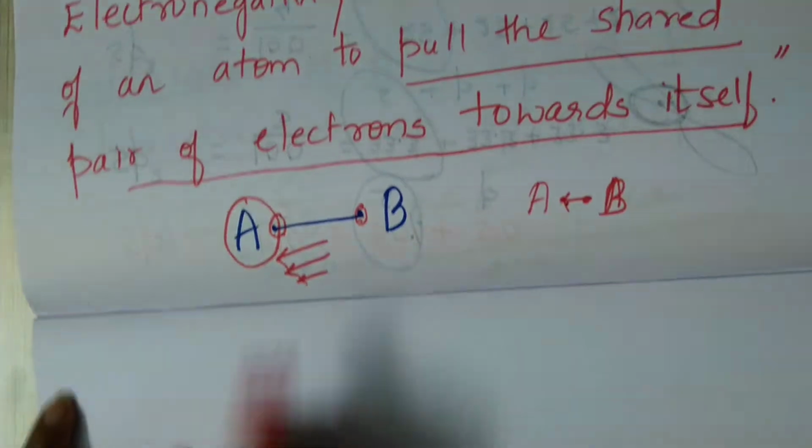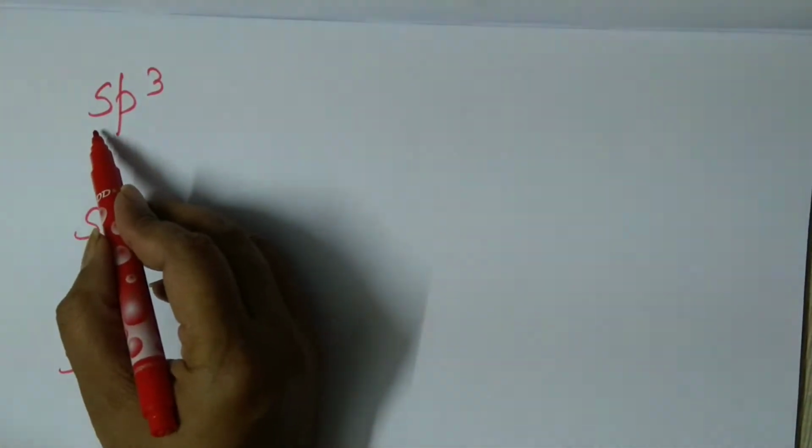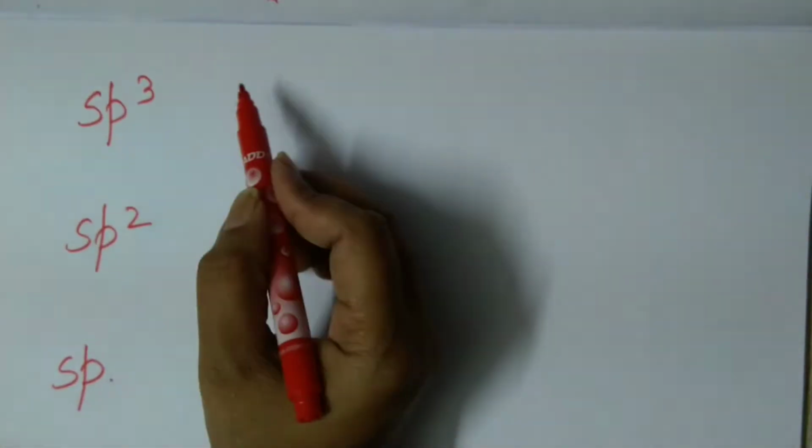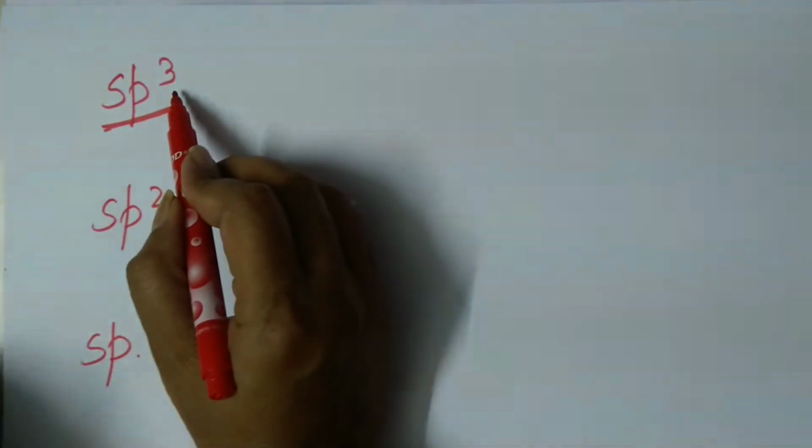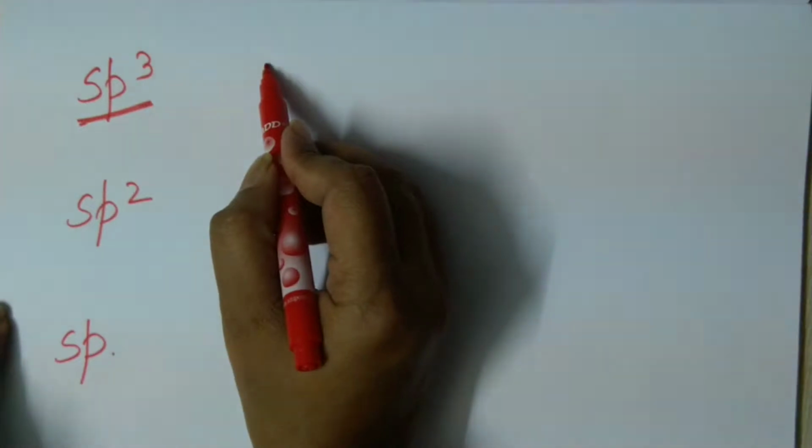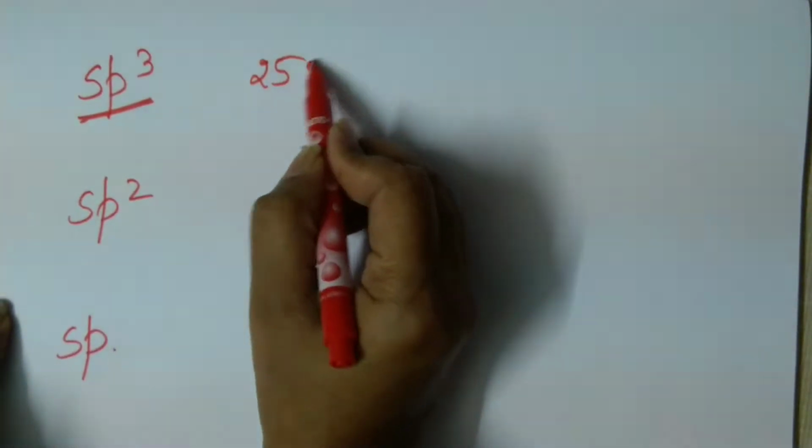Okay, we have three types of hybridization: sp3, sp2 and sp hybridization. What is the character of S here? What is the percentage of S? As I have already stated, percentage of S character in sp3 is 25%.